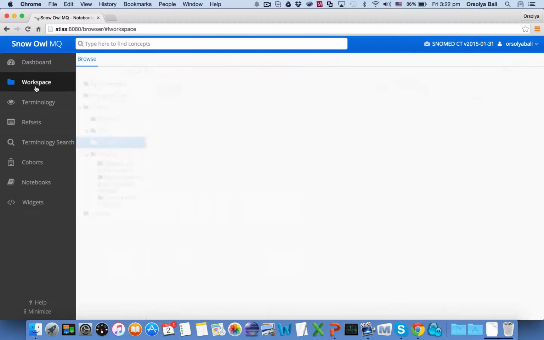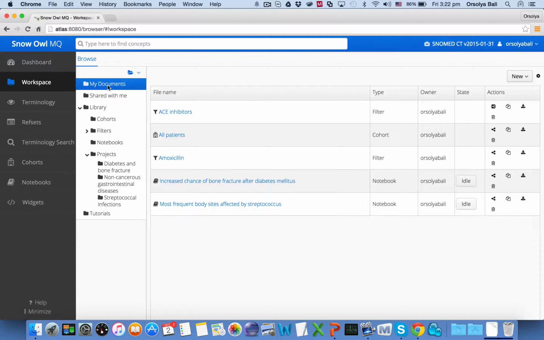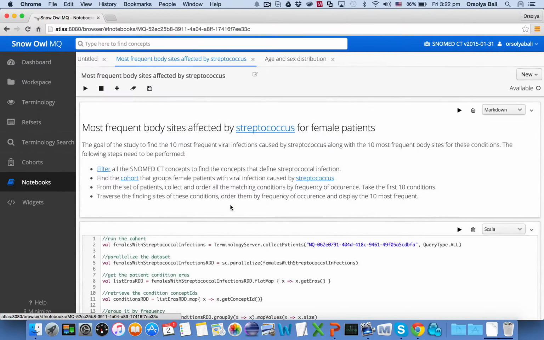But descriptive statistics can also utilize the semantics within SNOMED CT. So, for example, if my question is, I would like to know if a female gets a streptococcus infection, which is the body site that is most vulnerable? Which is the body site that is most likely going to be infected by streptococcus?